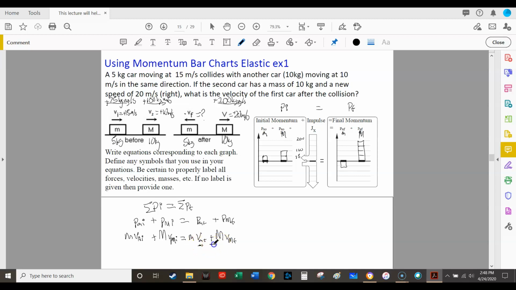So what we have to do is bring this entire thing onto the other side by subtracting it. So m v of the little guy, just copying this up here, plus capital M V initial, minus capital M V final.